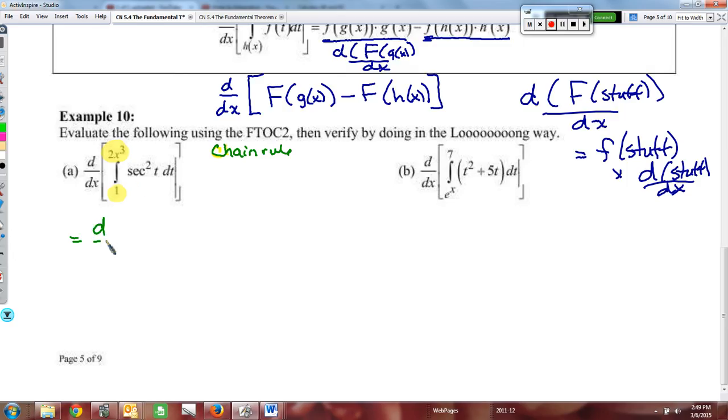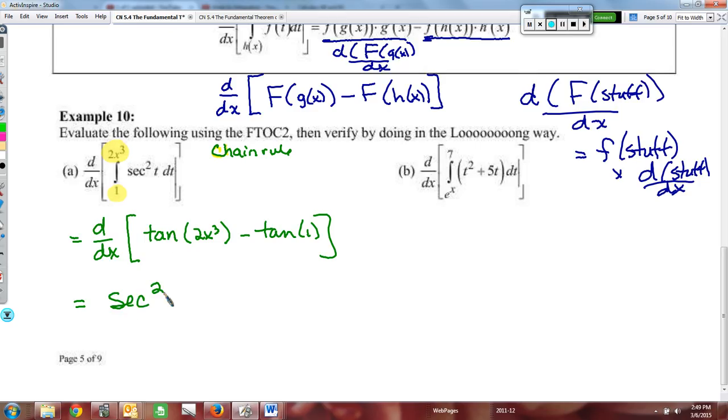What I'm really taking the derivative of, and you're not going to need to write this step, I'm just trying to help you because we're at the beginning, is tangent of 2x cubed minus tangent of 1. So when I take this derivative, this is a constant, it's going to go away, and what I have left, the derivative of tangent, is going to be secant squared.